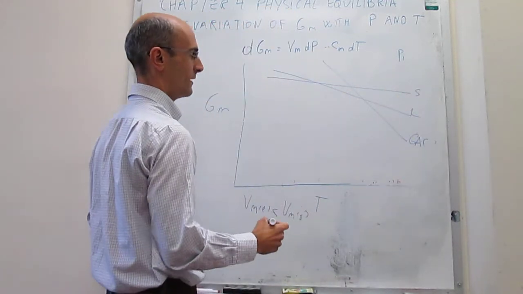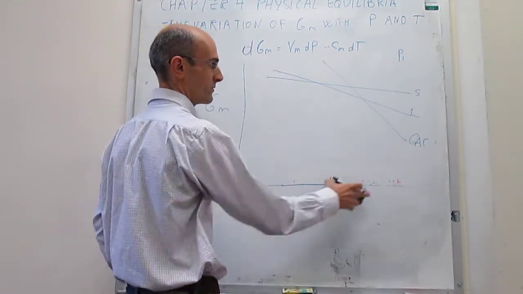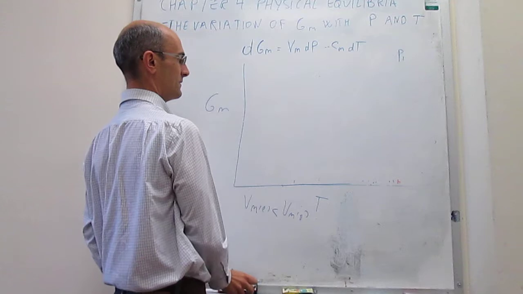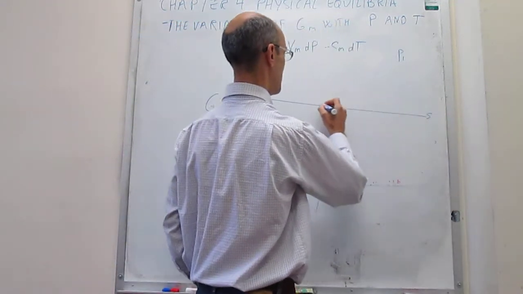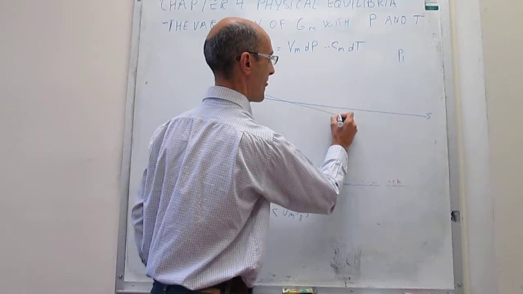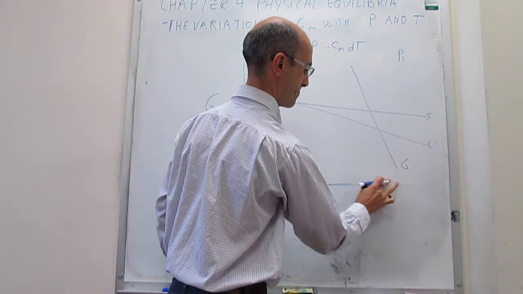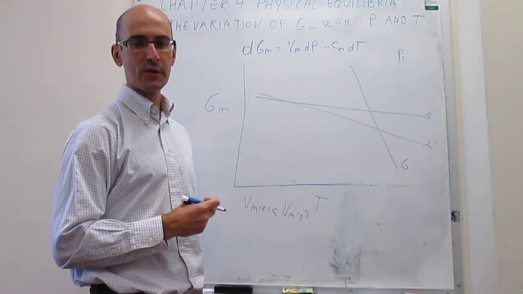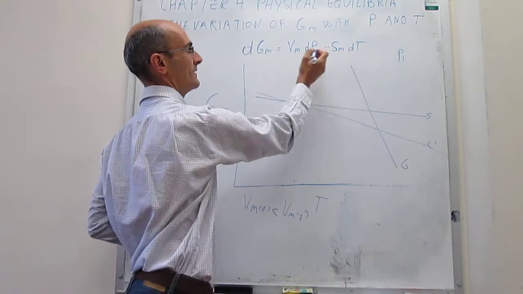All right, so what we have here is that this is not going to work. Let me actually erase this and draw it more cleanly. All right, so that would be the solid, this is the liquid, and this is the gas. That's going to work much better. And then again, the slopes of each one of those lines, we understand from this expression, are going to be equal to the minus molar entropy.